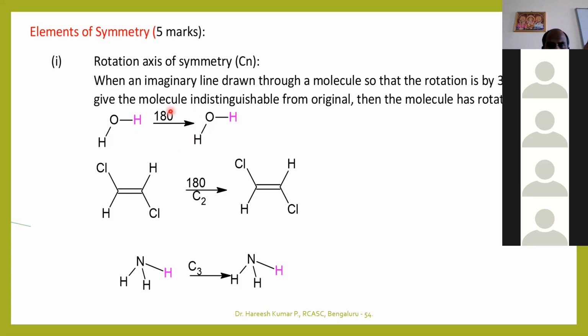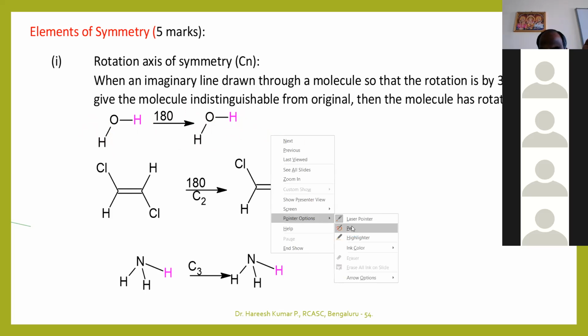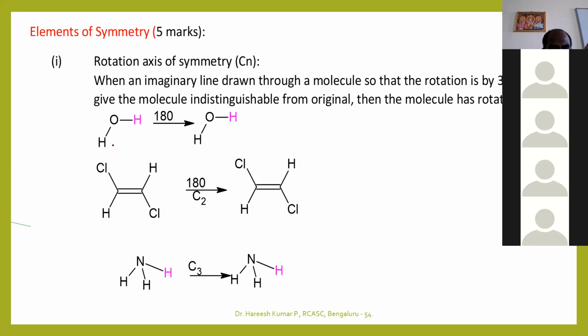Okay, 1 minute. I will take a pencil. So this I will mark as A, and this will be B. So when you do a 180 degree rotation, what will happen? Here this will be B, and this will be A. Now tell me, are both distinguishable or indistinguishable?